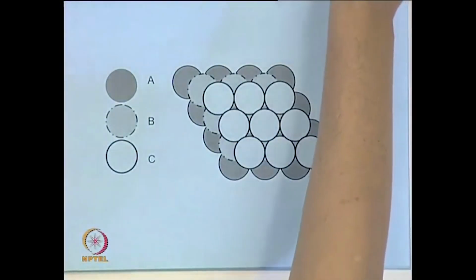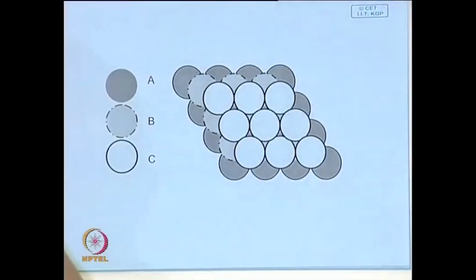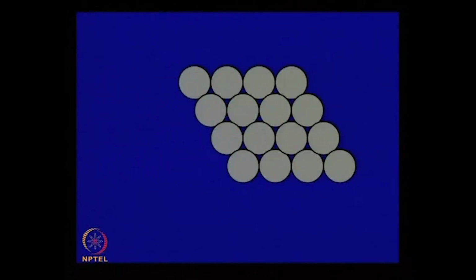And another thing, it will be interesting to look at the atomic array a little more carefully. If you look at it, the atoms are arranged like this. This is a hard sphere, and surrounding it you have 6 atoms.